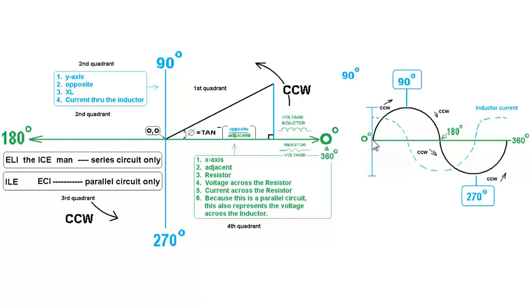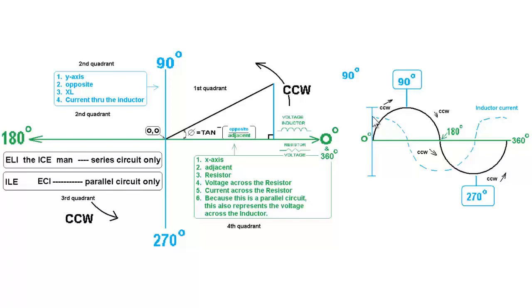To go from 0 degrees through 90, through 180, back to 360 degrees, one cycle, is the same as starting at 0 degrees on an XY coordinate and going counterclockwise through 90, through 180 to 270, back to 360 degrees.